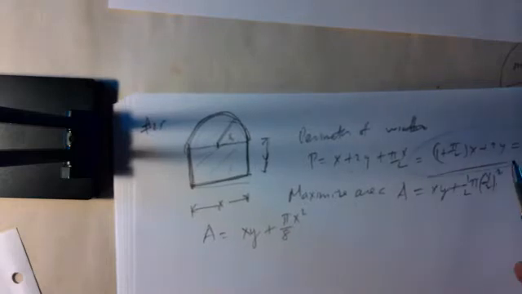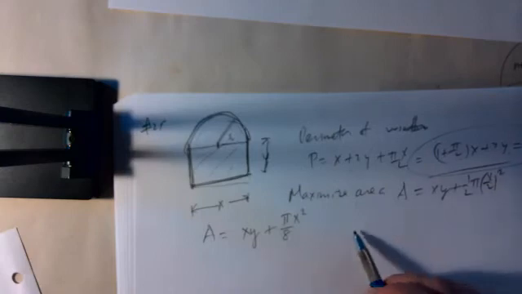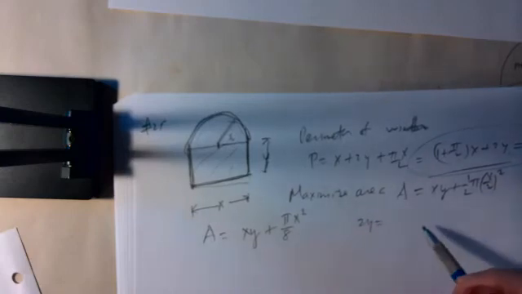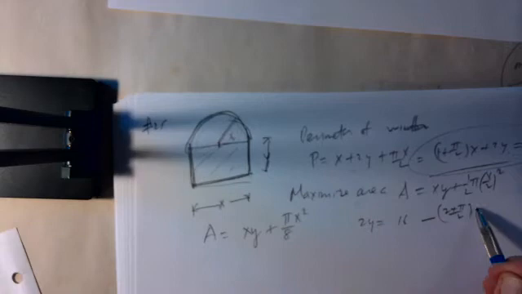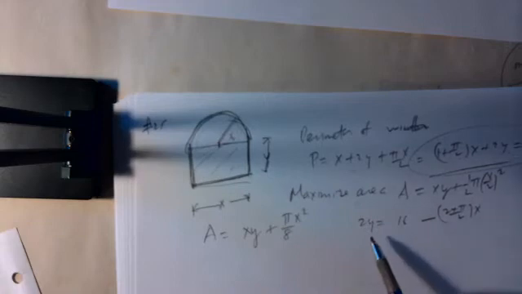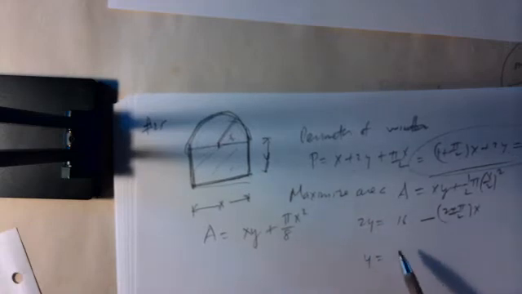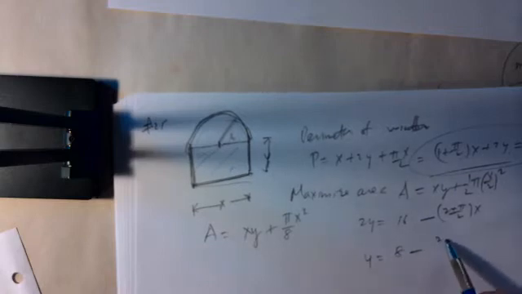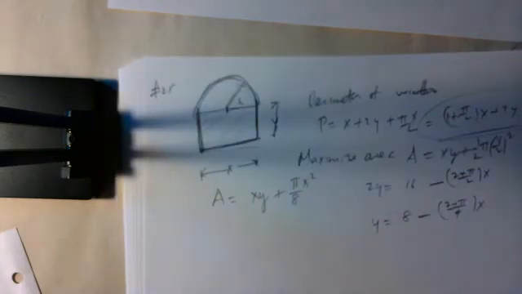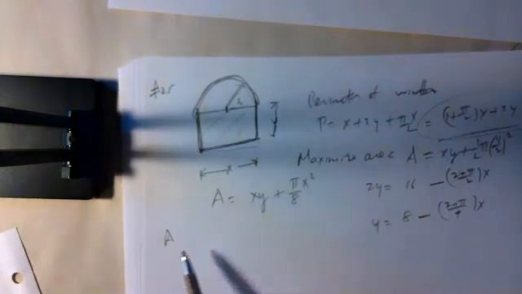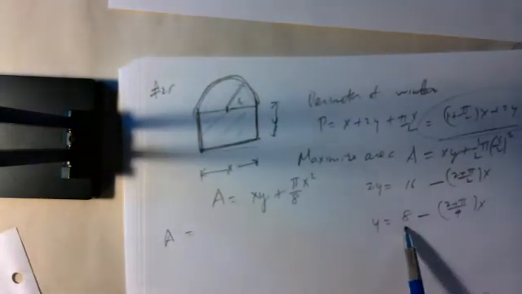But we have a condition that relates x and y. This is the condition. We know that 2y is 16 minus (2 plus pi over 2) times x. So if you divide by 2, y is 8 minus (2 plus pi over 4) times x. So what we get for our area as a function of x is x times y.